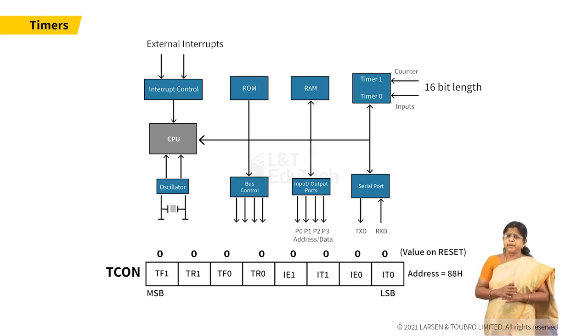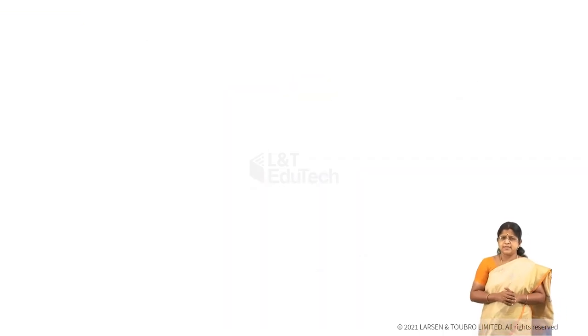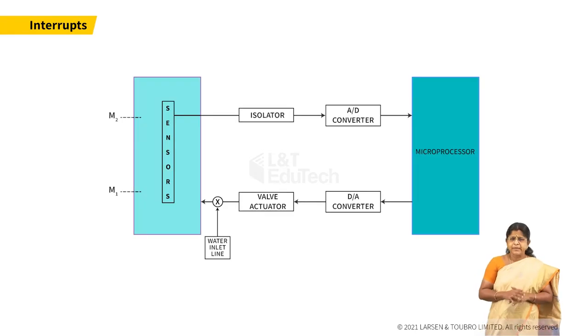The final and important block of interest is interrupts. Microcontrollers need to react to events. Events, in our example that we have seen, are the low level indication and the high level indication of the water level.